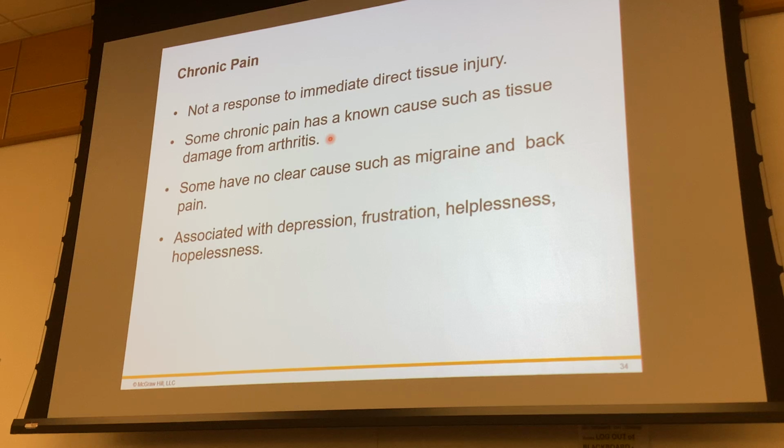We talked about the degradation of individual joints and articulations. That can lead to chronic pain. There's other things that I would be less interested in talking about. So migraines, depression, frustration, hopelessness, all can lead to chronic pain as well. But those are not nearly as simple, and I like to focus on simple things. So for instance, chronic pain could be associated with arthritis.